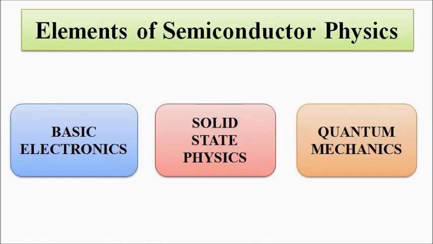So first will be the basic electronics. Okay, the basic electronics here means the various semiconductor devices that are normally used, be it diodes, be it bipolar junction transistors, BJT, field effect transistors, which can be JFET, junction field effect transistors, or MOSFET, metal oxide semiconductor field effect transistors.